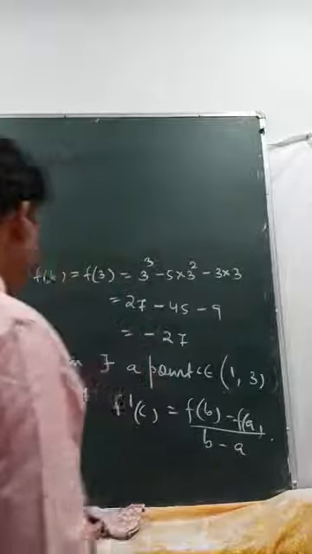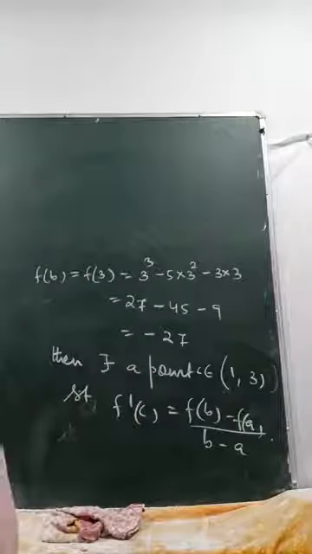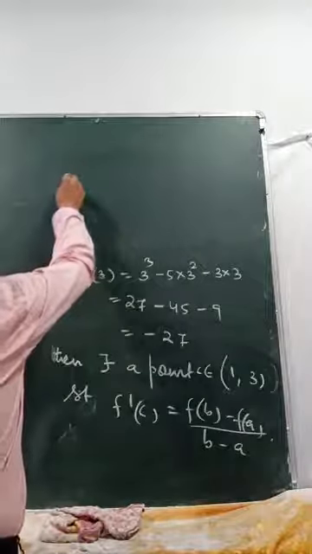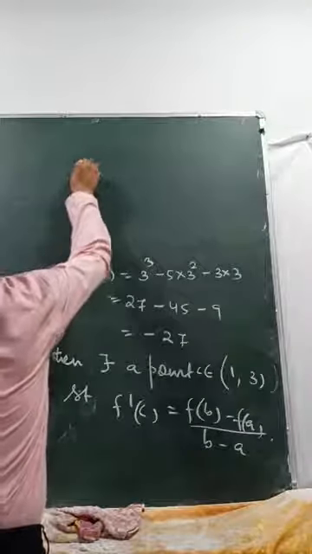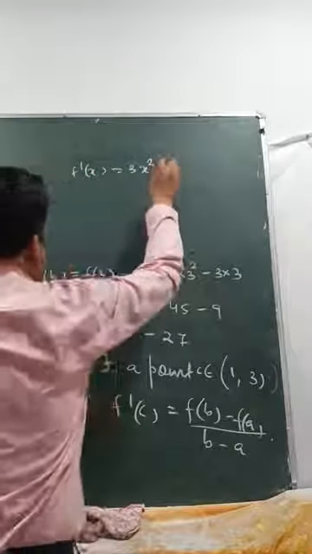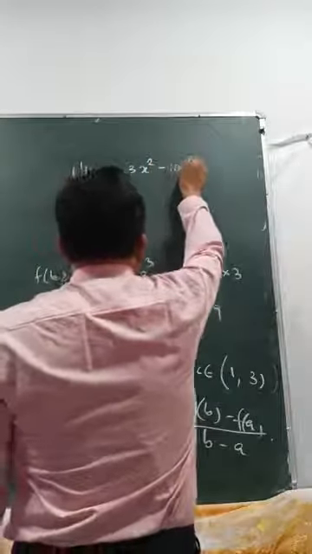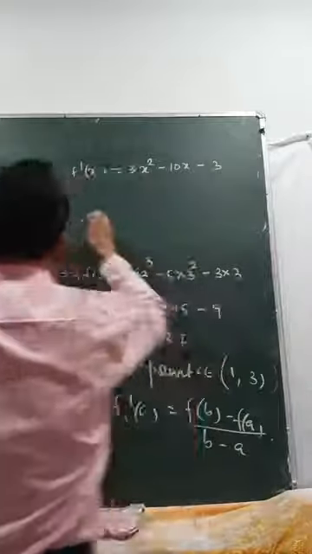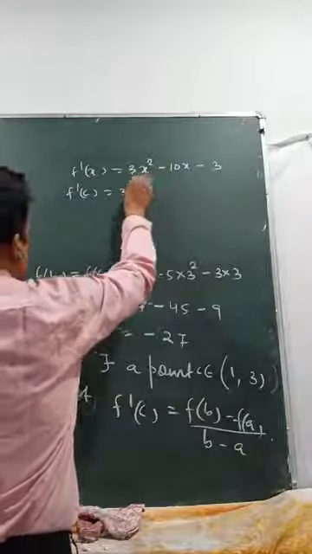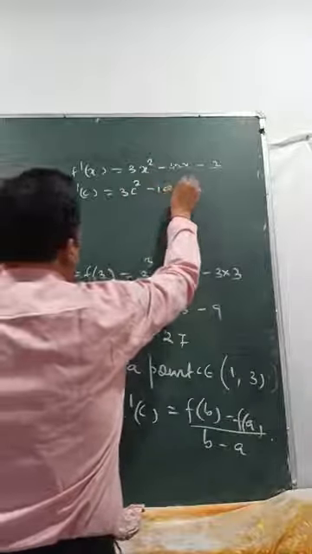So f'(c) means, what was your f'(x)? 3x square minus 10x minus 3. So f'(c) will be 3c square minus 10c minus 3.